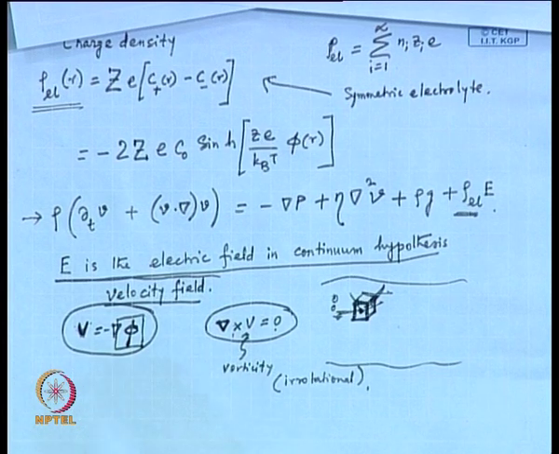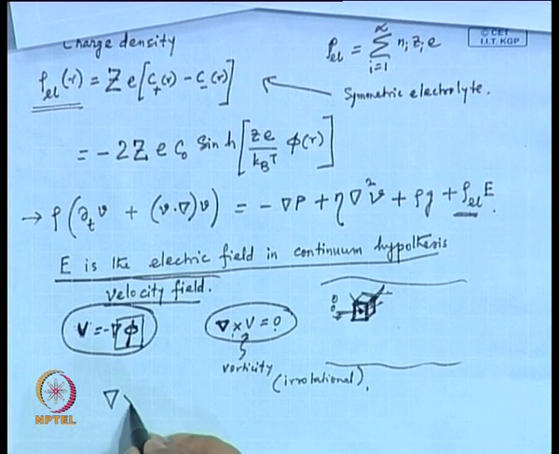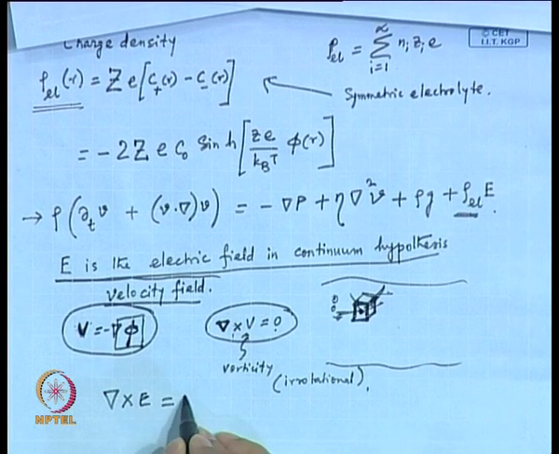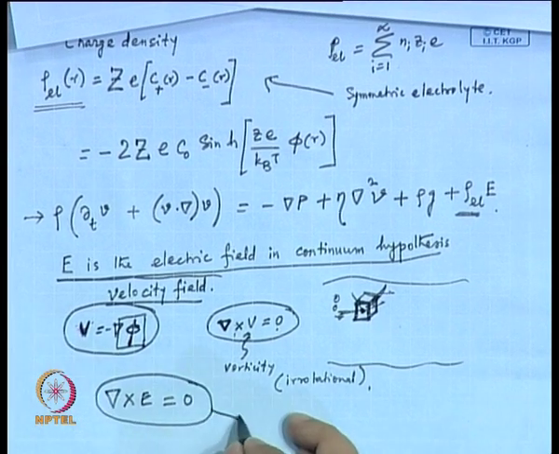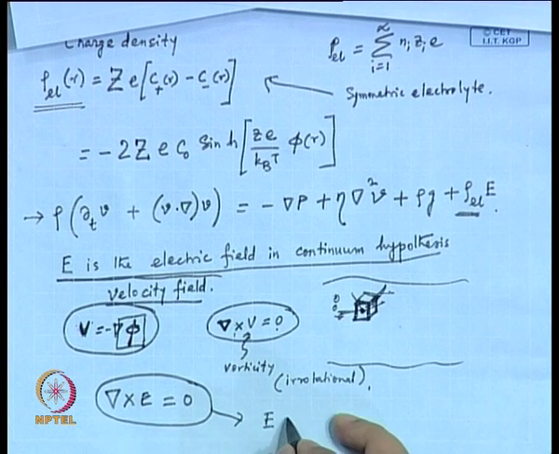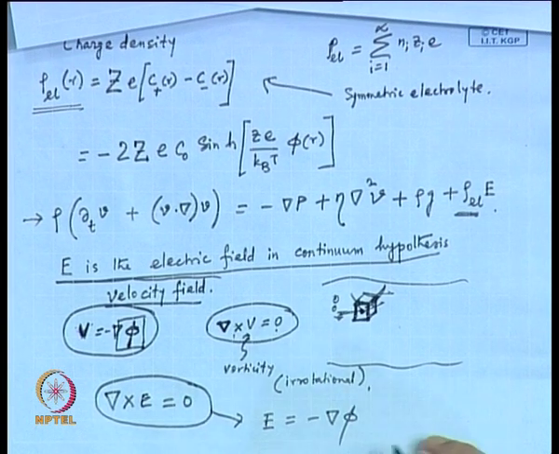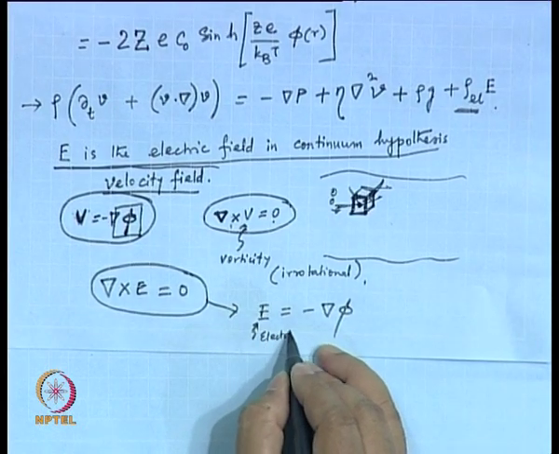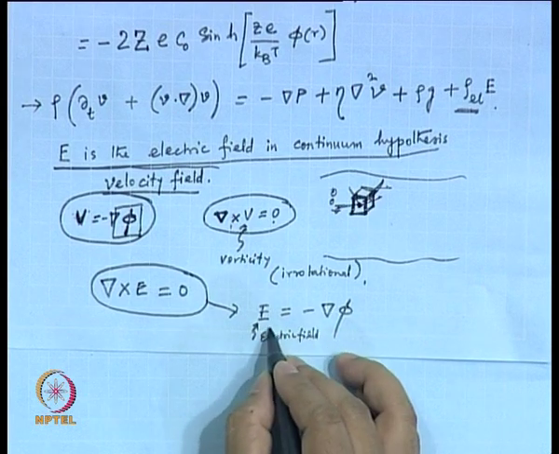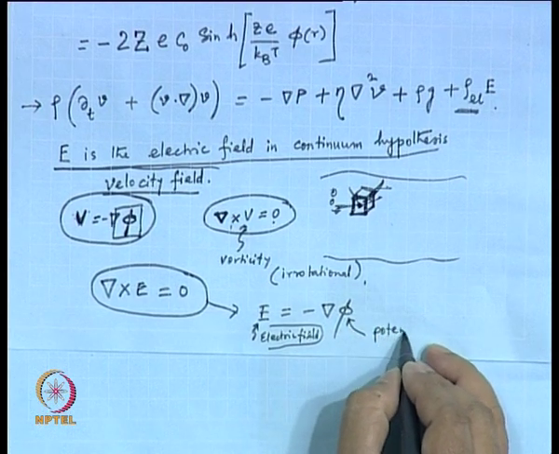In the electric field, you write that del cross E is equal to 0, and if del cross E is equal to 0, then you have the electric field E defined as minus del phi, where this E is referred to as the electric field, which is synonymous to the velocity in our understanding, and this phi is referred to as the potential.